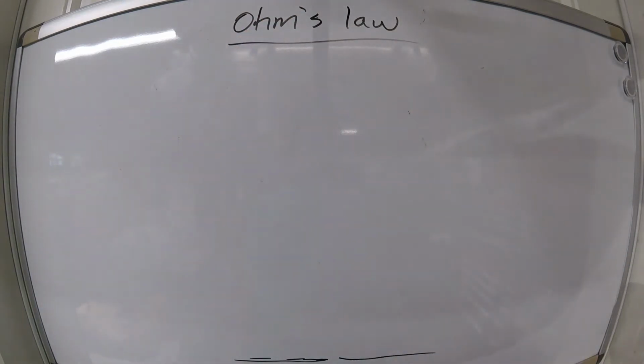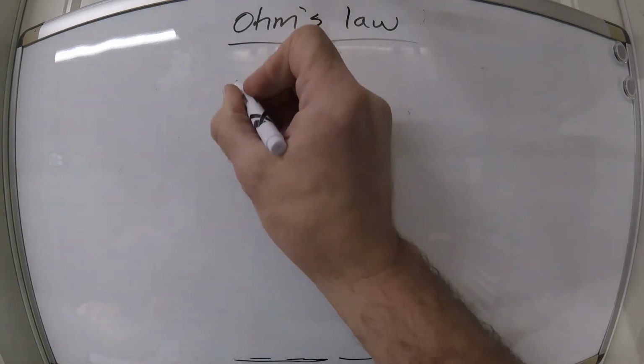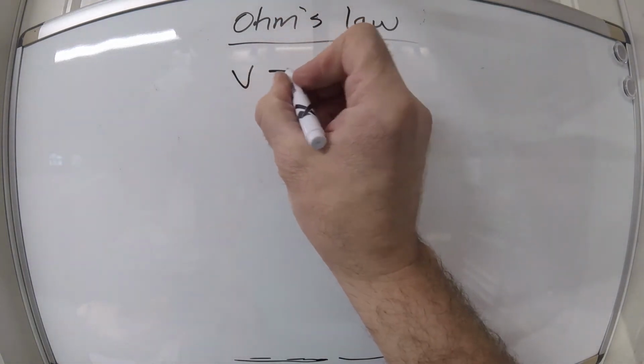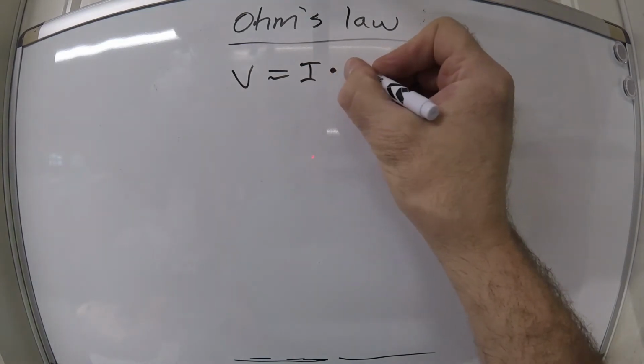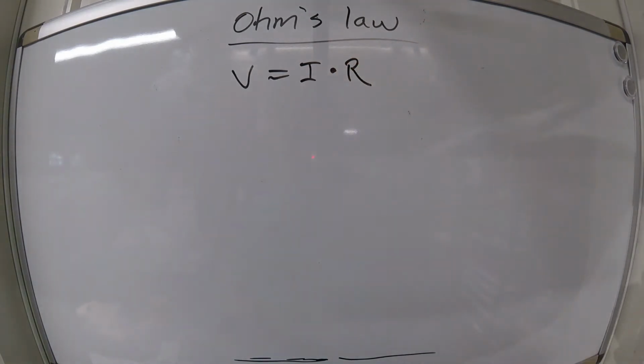And Ohm's law brings together voltage and current and resistance. And what it says is that voltage is equal to the current times the resistance in the circuit.